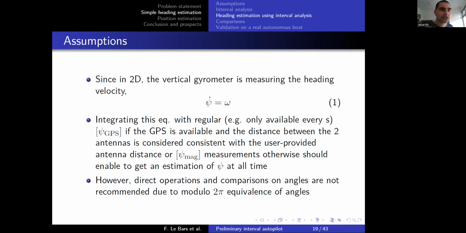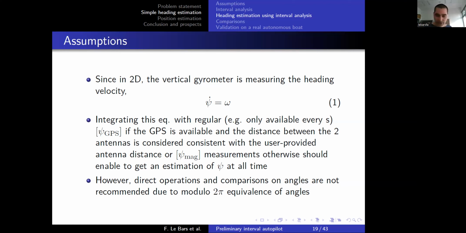However, in the specific case of computations with angles, we need to be careful with the modulo 2pi problem, because due to equation 1, what we will get could be an always increasing psi value, while the sensors are probably giving angles in an interval between -pi and +pi.